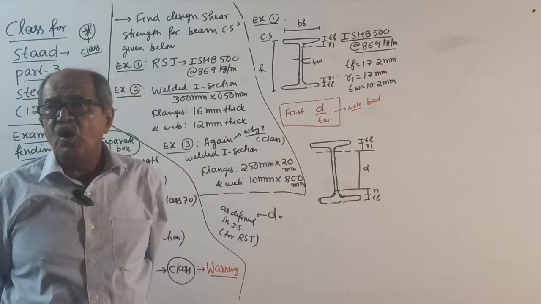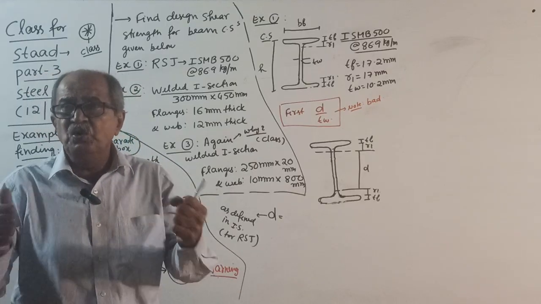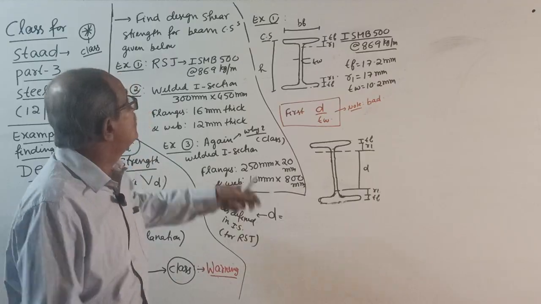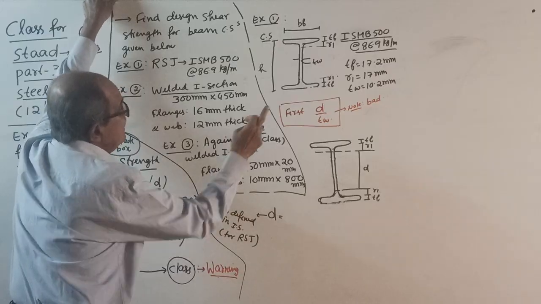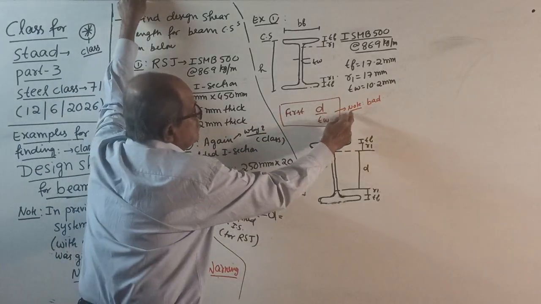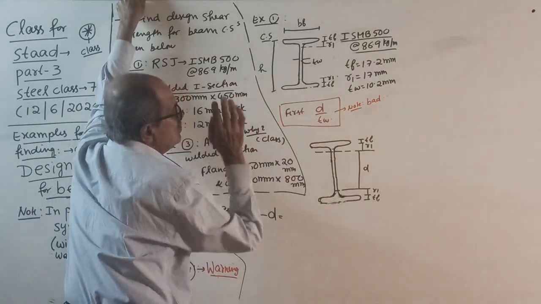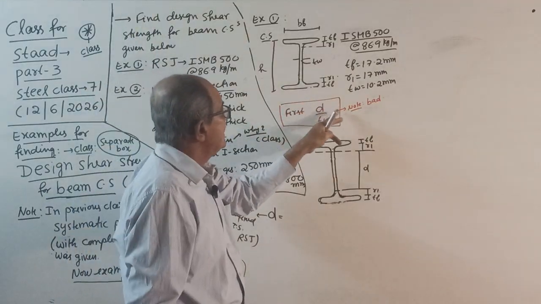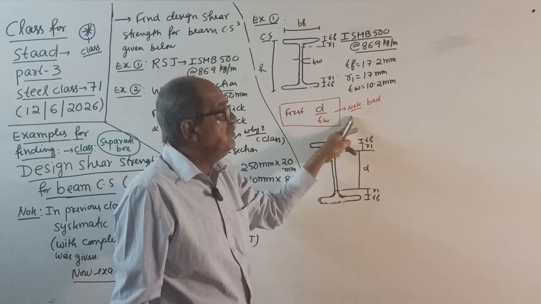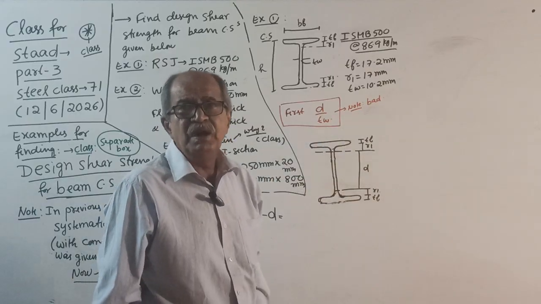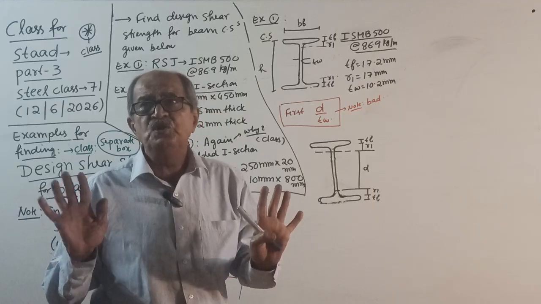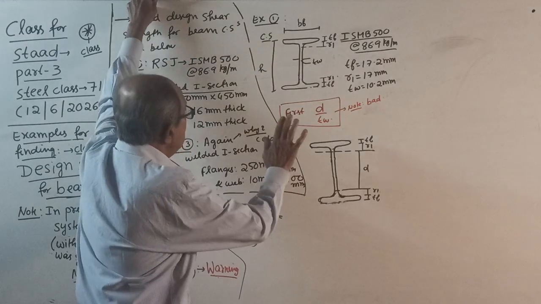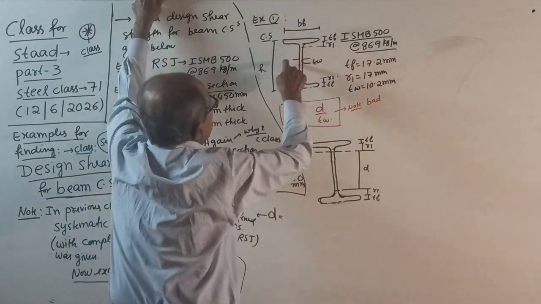If the web is not susceptible to shear buckling, it is a good case, stronger. So for that you first find the ratio D by TW. Remember, in red color, D by TW is a bad number. Now, before that, the cross section is here.